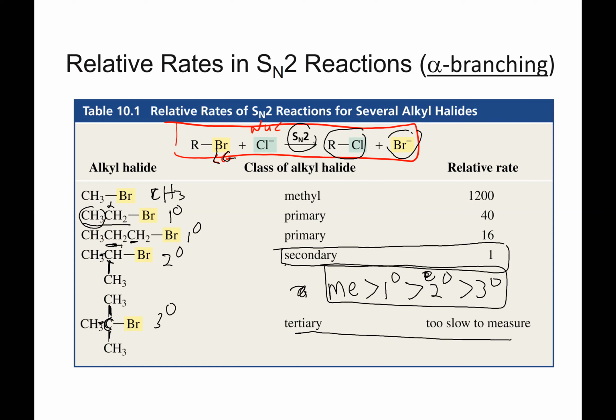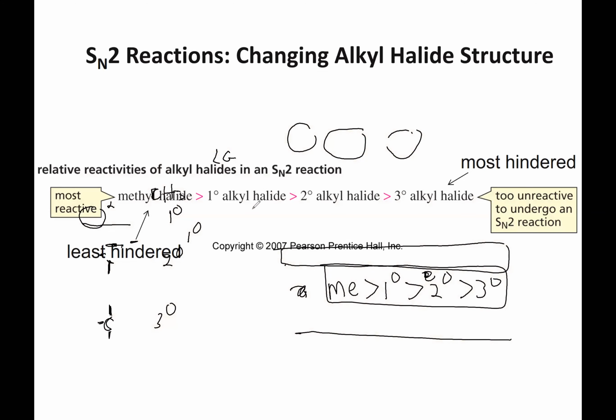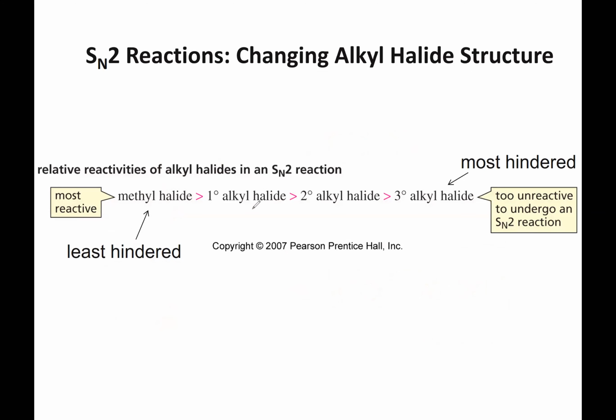I'll show you that in the next slide. Okay, relative reactivities of alkyl halides in SN2 reactions. Methyl most reactive, tertiaries least reactive. In fact, they're so unreactive that they basically don't undergo SN2 reactions, right?